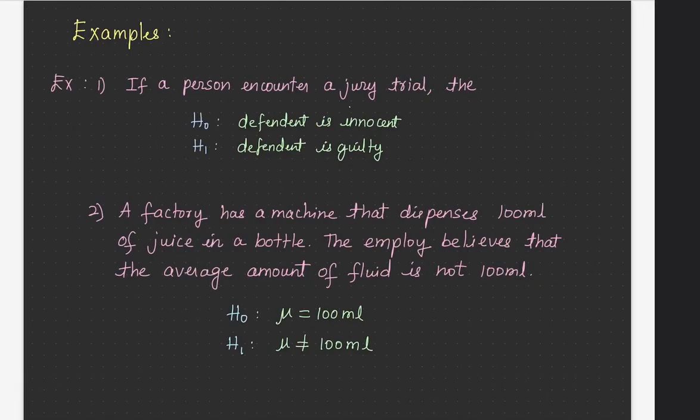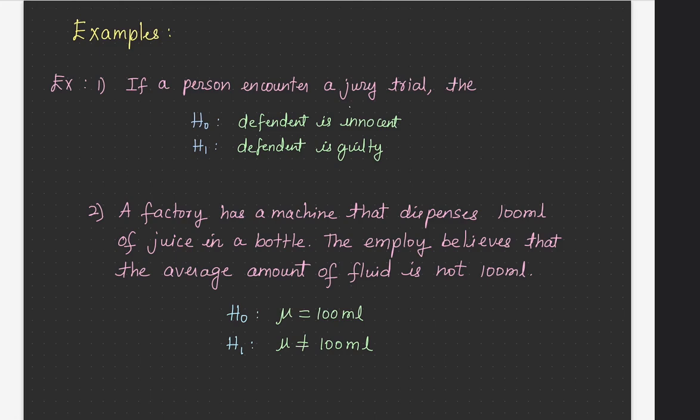For examples, look at this. If a person encounters a jury trial, then the null hypothesis is the defendant is innocent, and the alternate hypothesis is the defendant is guilty. You can see this when police hand over a person who committed a crime and place them in front of a jury.